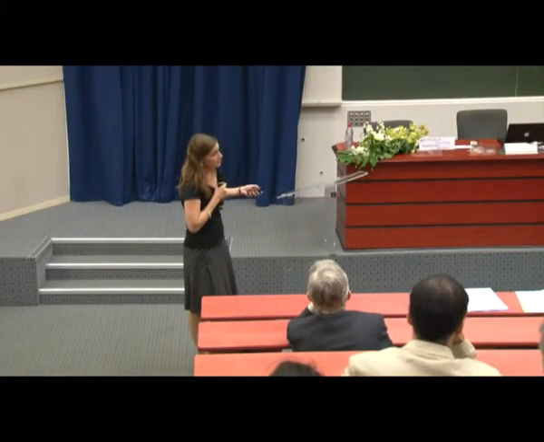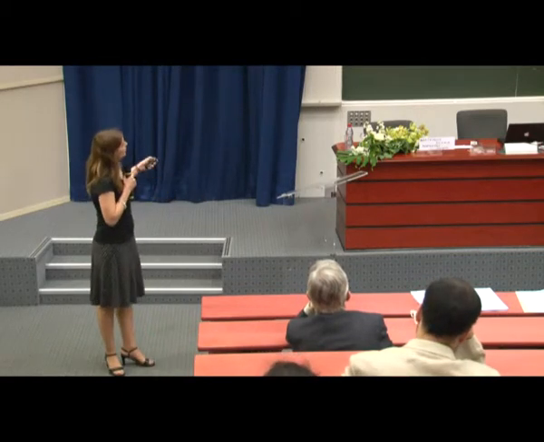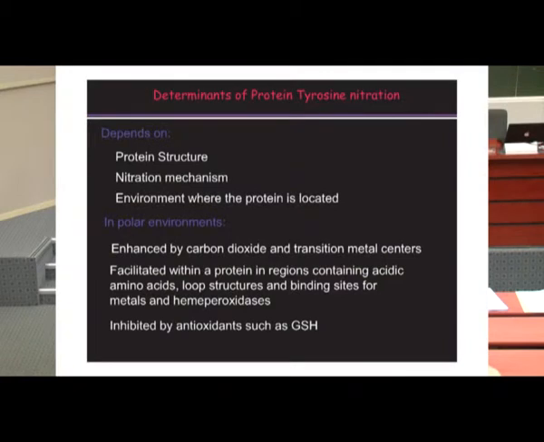So, tyrosine nitration depends on several factors, which include the protein structure, the nitration mechanism, and the environment where the tyrosine is located. Usually in polar environments, it is enhanced by carbon dioxide and transition metal centers.